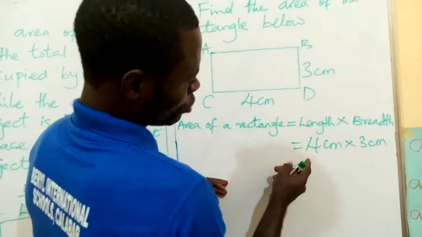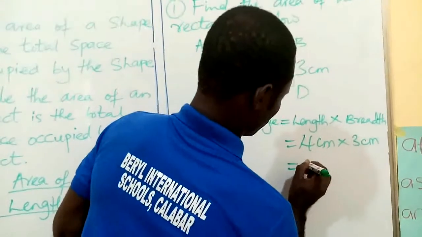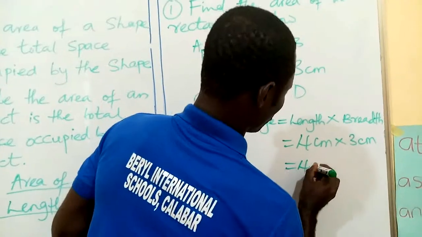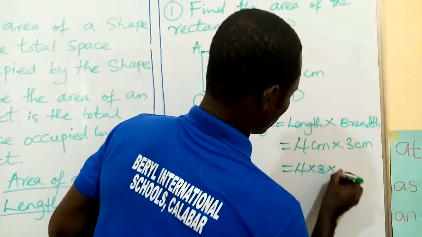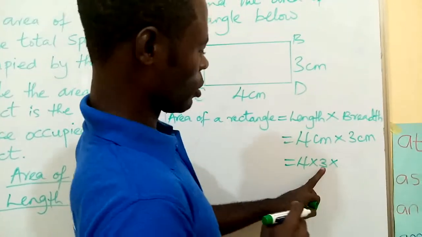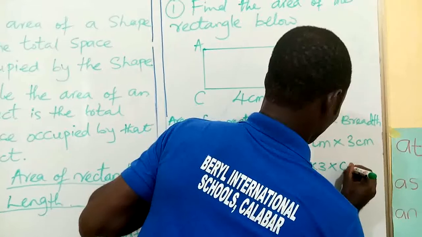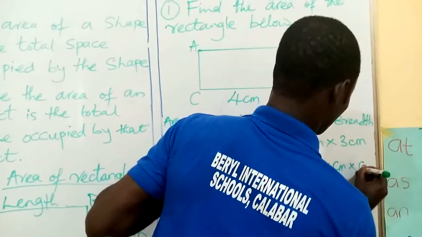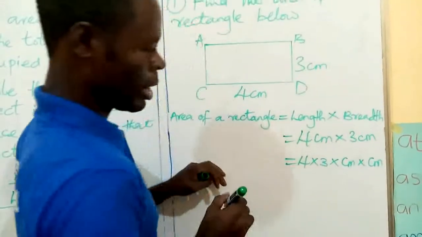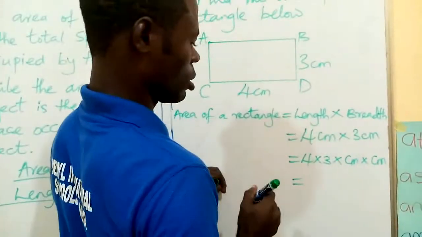Alright, the next step is we are going to bring the numbers together. What we have here is 4 times what? 3. The numbers are going to come together and then the alphabet will come together. 4 times 3, cm times cm. 4 times 3 is what?